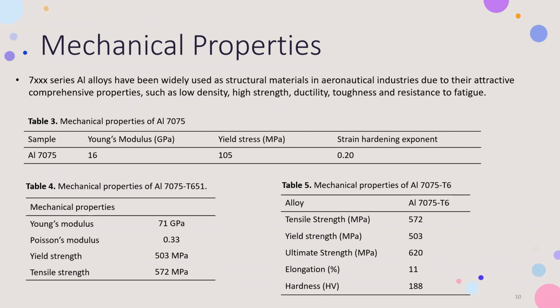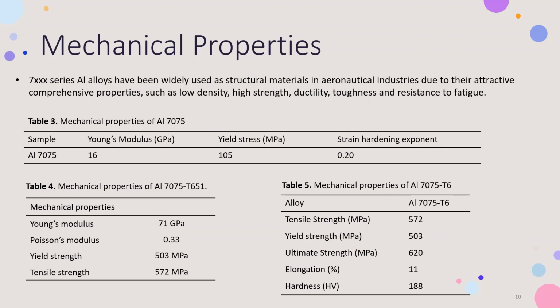Now I'll be explaining and discussing the mechanical properties of aluminum 7075. And aluminum 7075 and its tempers are widely used in different industries, as stated before by Gülşen, due to its high strength to density ratio, high ductility, and high fatigue resistance. And in table 3, you can see the several mechanical properties of aluminum 7075.